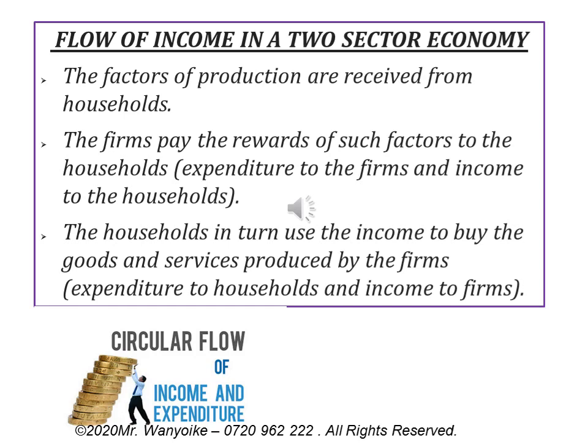Then after that, the households in turn will use that income to buy the goods and services produced by the farms, and therefore it is an expenditure to the households and an income now to the farms, and that's how the flow goes on. So the money keeps on flowing, as shown in the next slide.